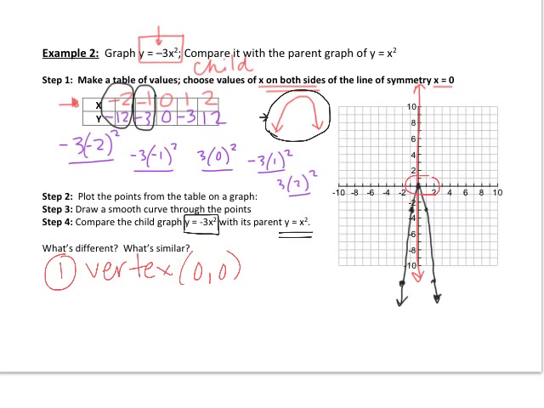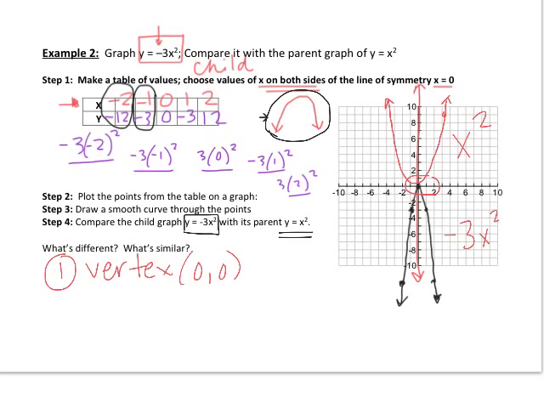So if I plotted the x squared function here, we would have something that looks sort of like this, right? If this is the parent function, what's different about the x squared function than the one that we graphed here, which is the negative 3x squared?